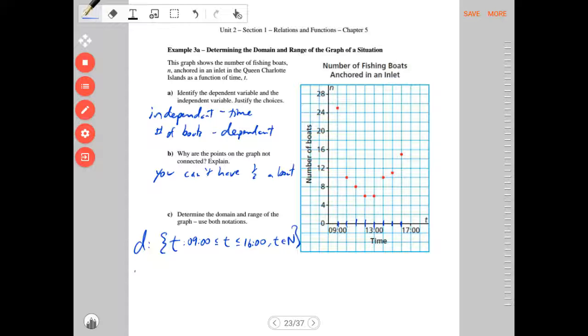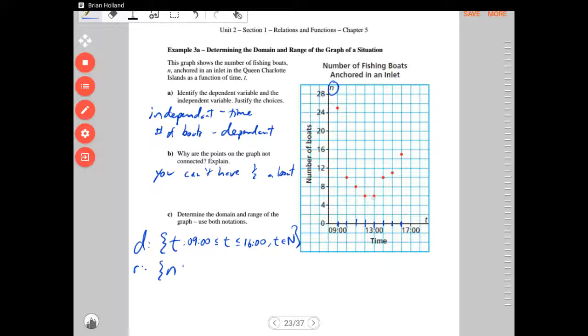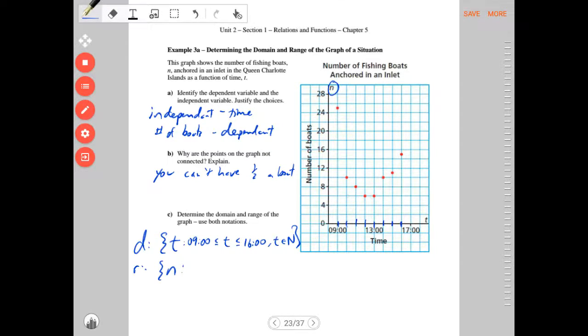Okay, the range, on the other hand, that's the number of boats. So if we say n such that, so how many boats do I have? Okay, so we had, let's see, 6 boats there. So we have a minimum of 6 and a maximum, okay, that's 25 boats. Now, the problem with this is again, it's dots, but that's okay.